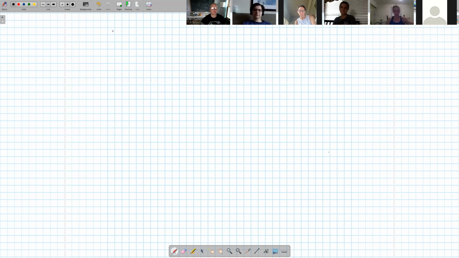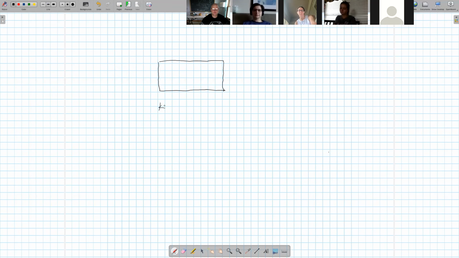So let's draw what's happening. So here's my rectangular loop of wire. And it tells me that this portion across here has a length L, which is equal to 10 centimeters.